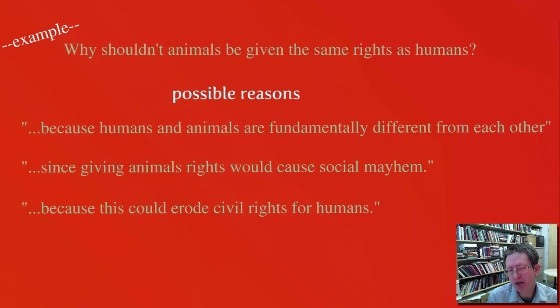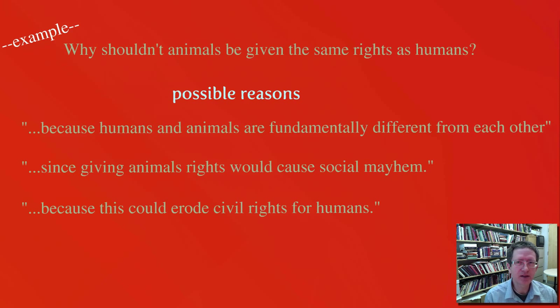Okay, that's a possible reason. Because this could erode civil rights for humans. Now, if you were noticing, within these because clauses, there are actually embedded claims, right? So you have these rationales that are supporting claims for your central claim.